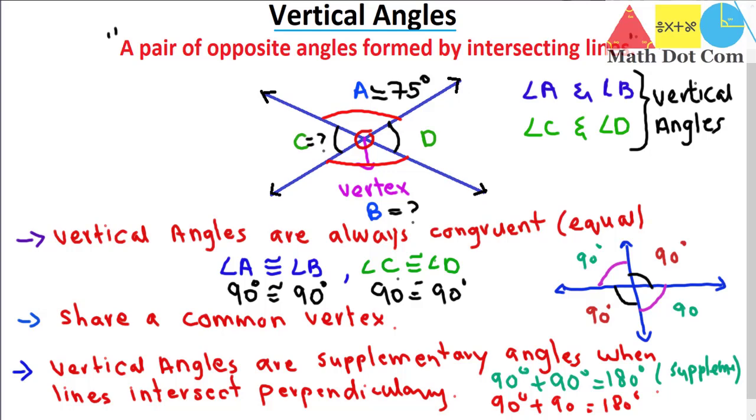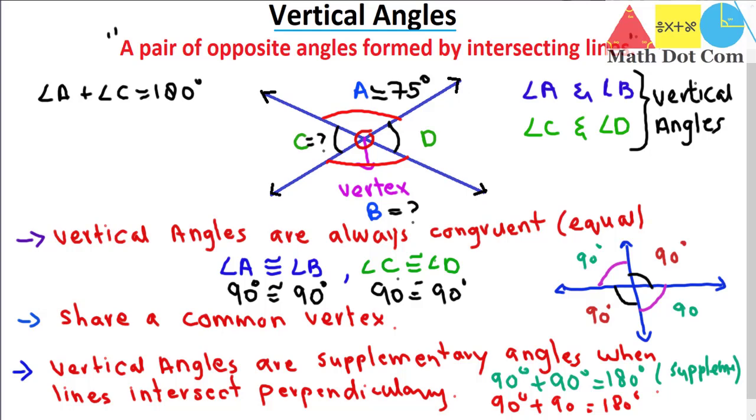I have already given you the concept, that is, angle A plus angle C will be equal to 180 degrees. So if we know the angle A, we can easily find the angle C. And once we get the angle C, we will use the property of vertical angles. We can say that if angle C is 60 degrees, angle D will also be 60 degrees. So this is also one way you can use.